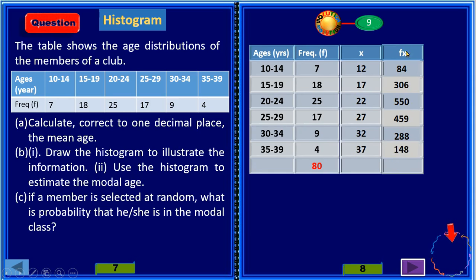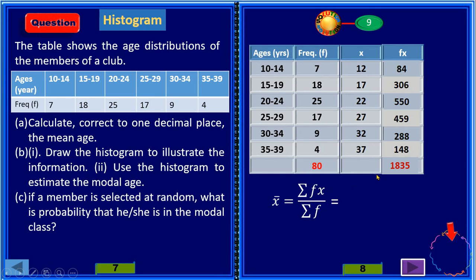Now we are going to use the calculator to add. 84 plus 306 plus 550 plus 459 plus 288 plus 148 will give me 1,835. We are going to use this and this to find the mean. The formula for the mean is the sum of the product of the frequency and the class center divided by the sum of the frequency.